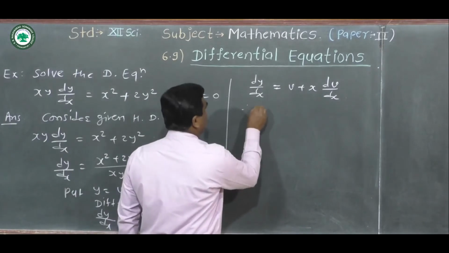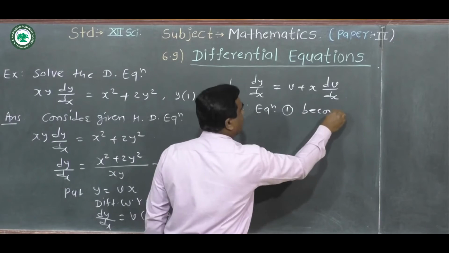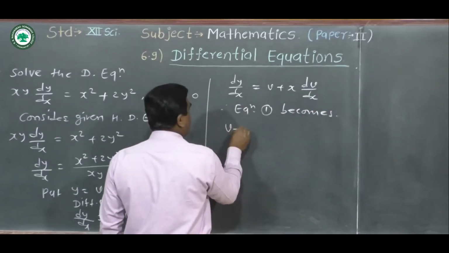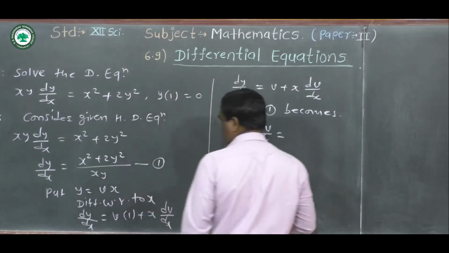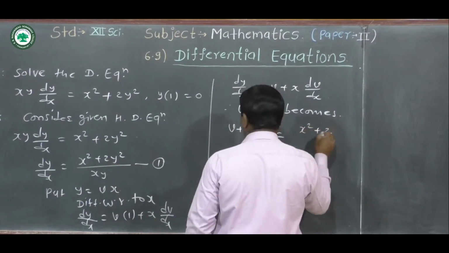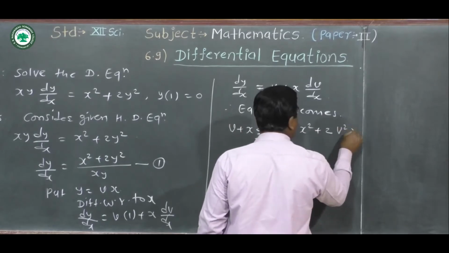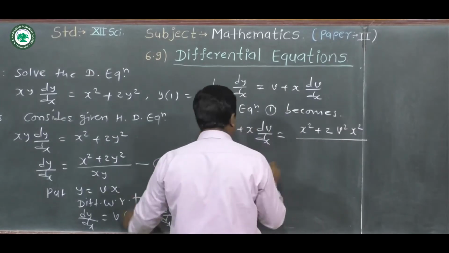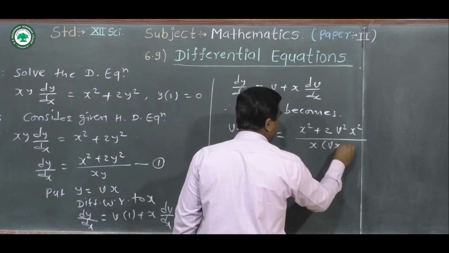Therefore equation 1 becomes: value of dy by dx, v plus x into dv by dx, equal to x square plus 2 into the value of y is vx, therefore we can write here v square x square, upon x into y, x as it is, value of y is v into x.